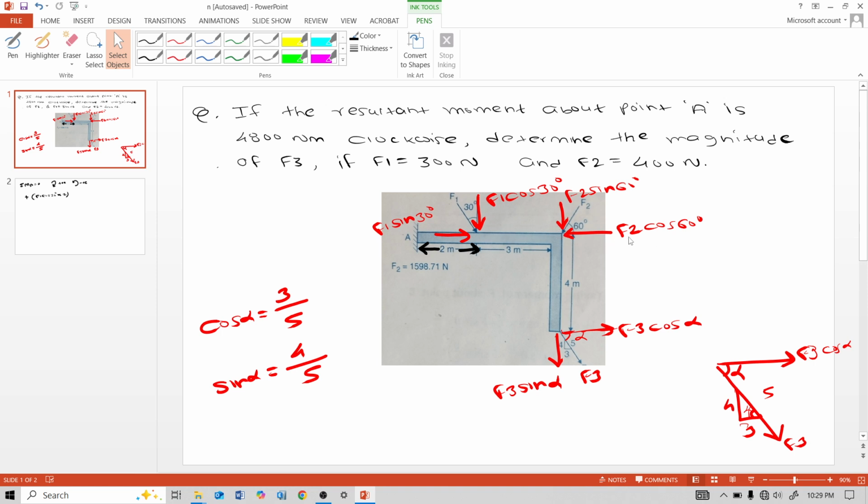Again, see this F2 cos 60 degree is also passing through that point A, so it is also 0, and this force F2 sin 60 degree is also making clockwise rotation about that point. So it is again positive F2 sin 60 degree, and the perpendicular distance between that force and that point is 2 plus 3, 5 meters. So positive F2 sin 60 degree into 5.